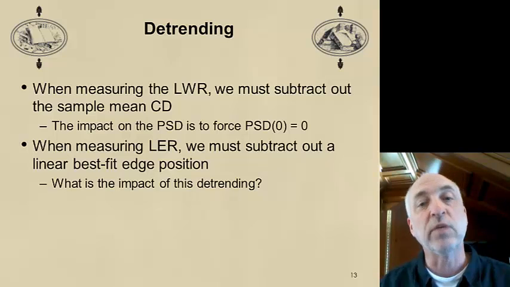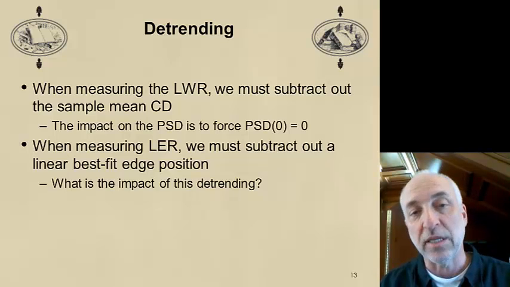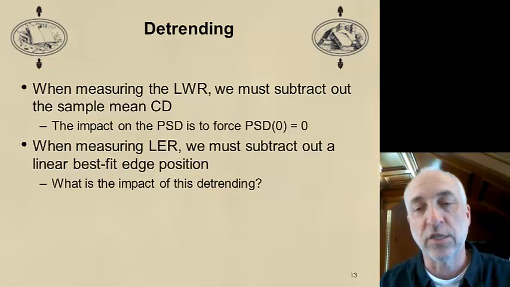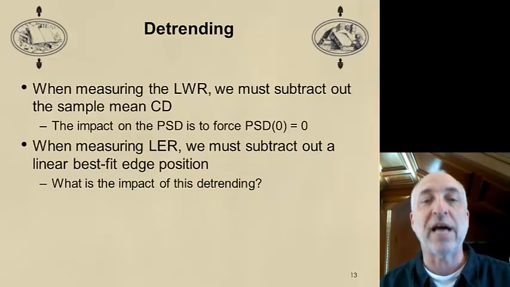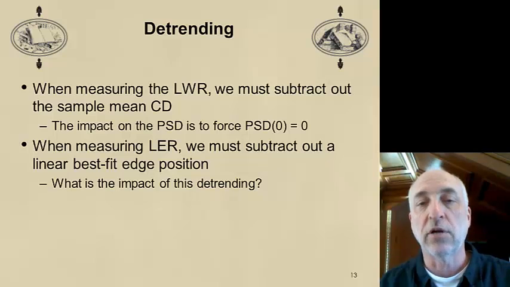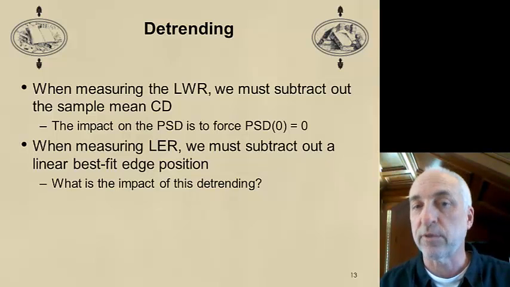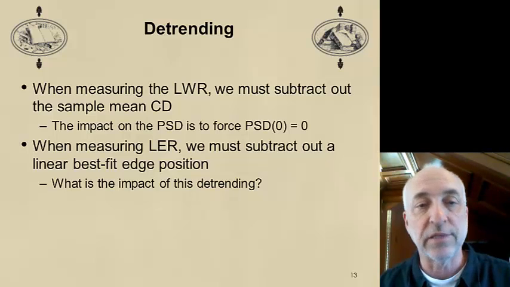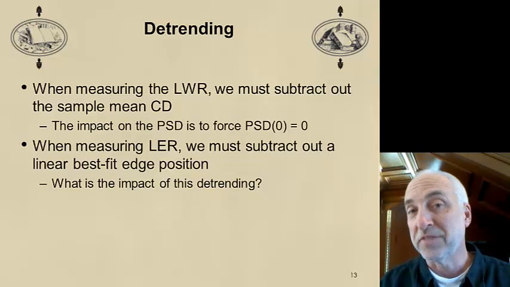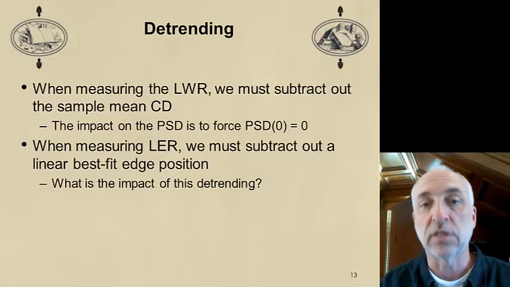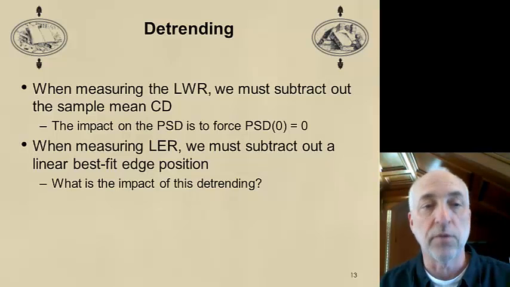So instead, we subtract off the sample mean. That is, for the measurement that I made, I create a mean value of the CD, and then I look at the line width roughness as the difference between the measured line width and this mean CD. This is an example of detrending, where I take out, in this case, a mean value.